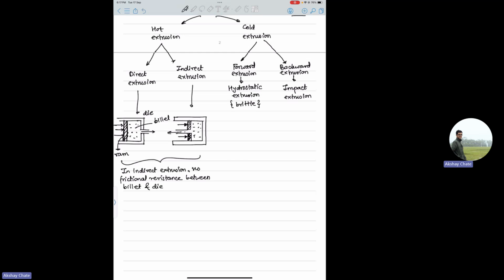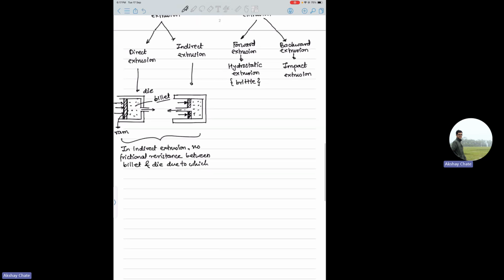Sometimes it is called billet, but sometimes they call it specimen also, or material also. But billet is sometimes used, so keep that in mind. Billet and die, due to which 25 to 30% lesser ram or ramming force is required.